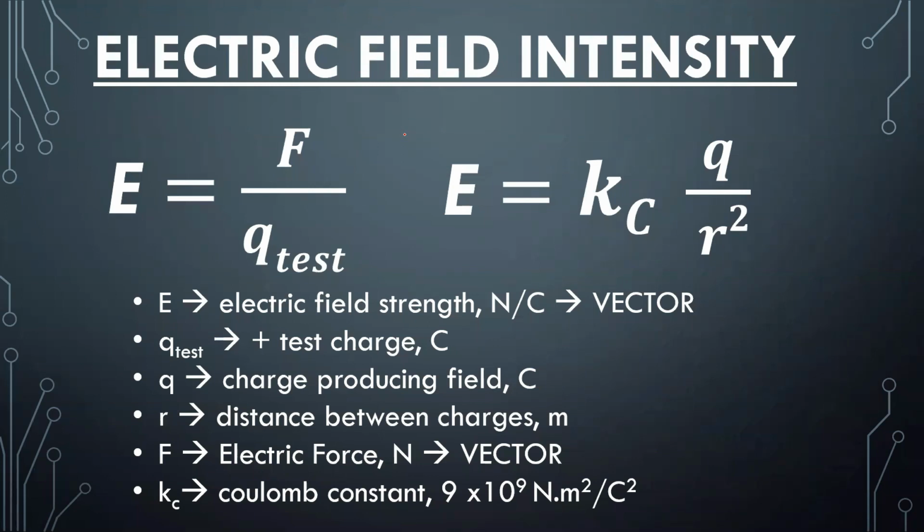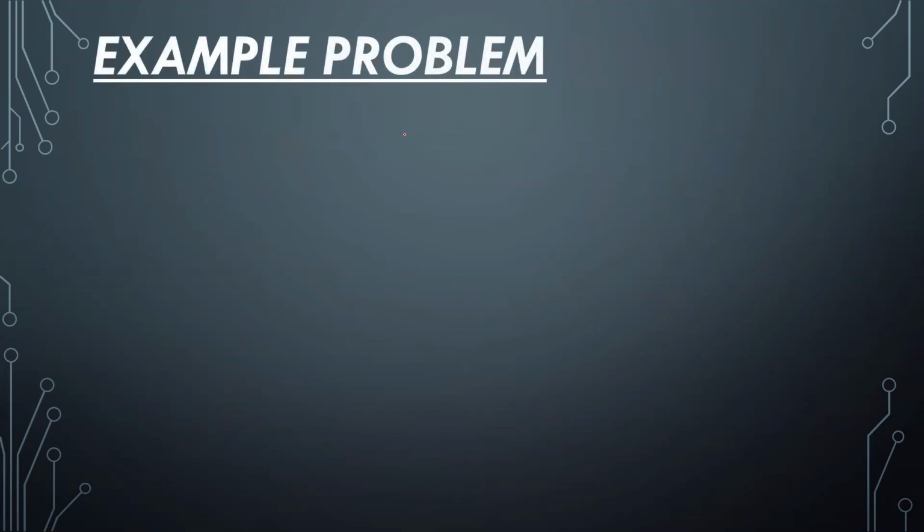If the given is the force and its test charge, then we will use F over Q sub test. But if the given is its distance and the charge producing the field, then we will use k sub C times Q over R squared. So let's try it in a given problem.